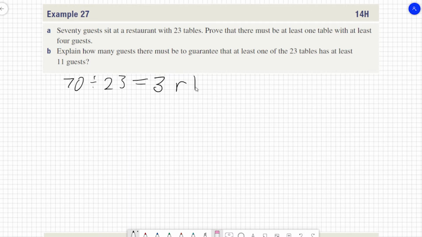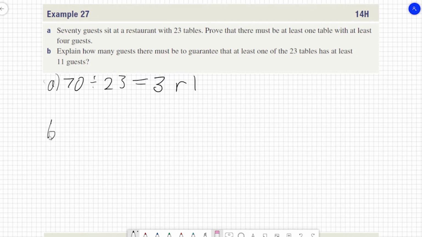But it doesn't matter. We are looking for the guarantee, the worst case scenario. So 70 people guarantees that all 23 tables will have 3 people each, and then we'll have this extra one to bring one of the tables to 4.